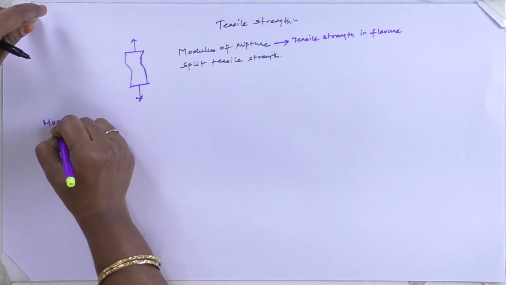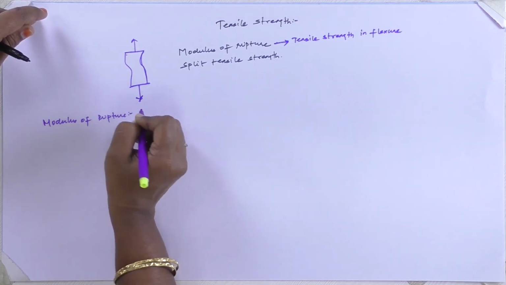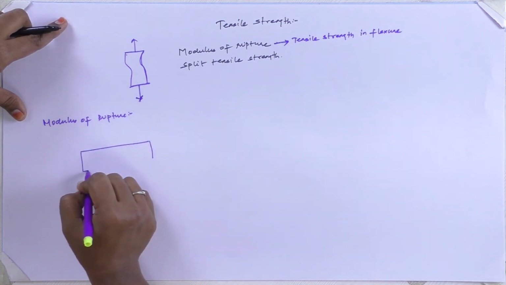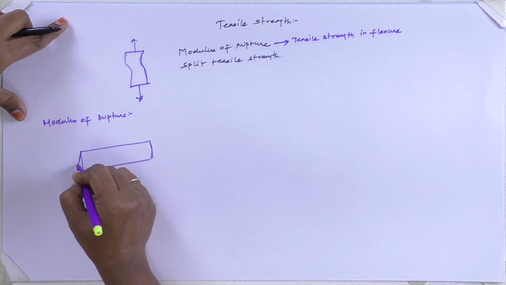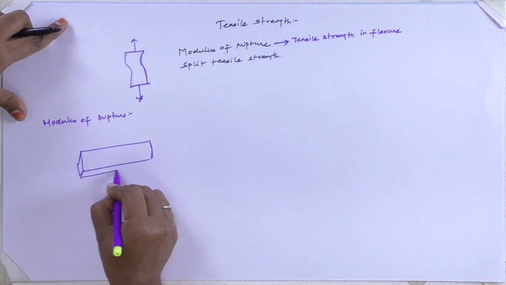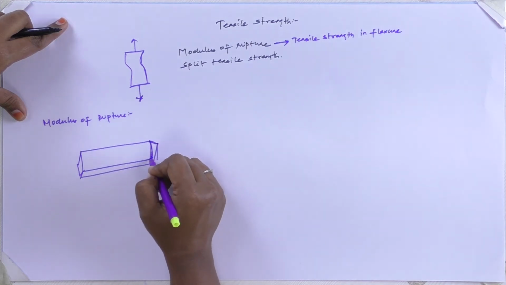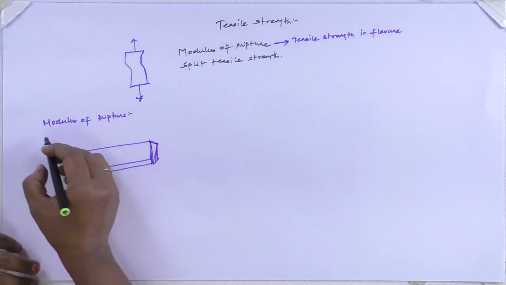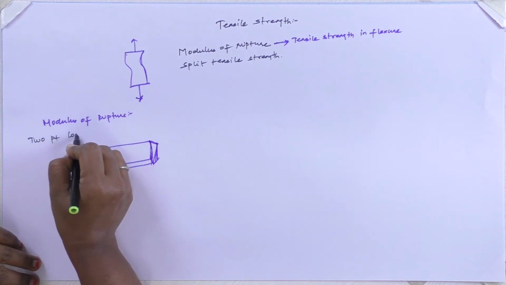In modulus of rupture, we will be having this flexural member and we will be applying 2-point loading.